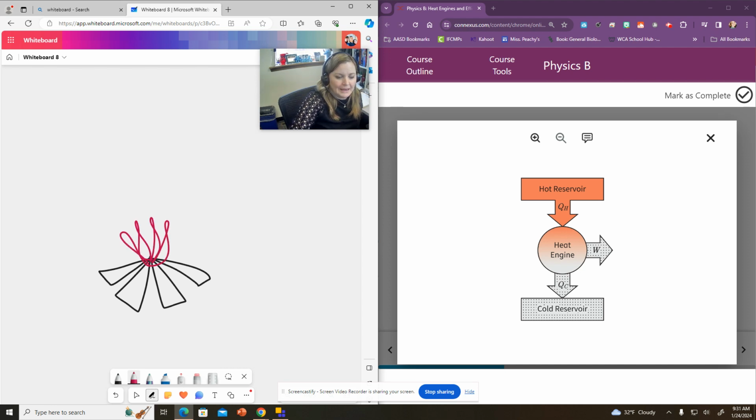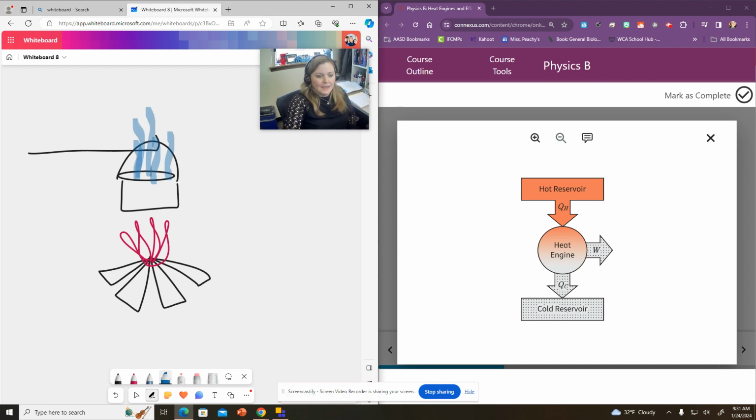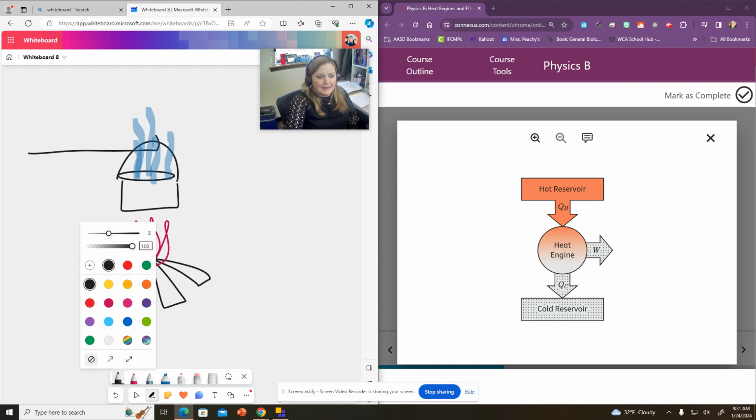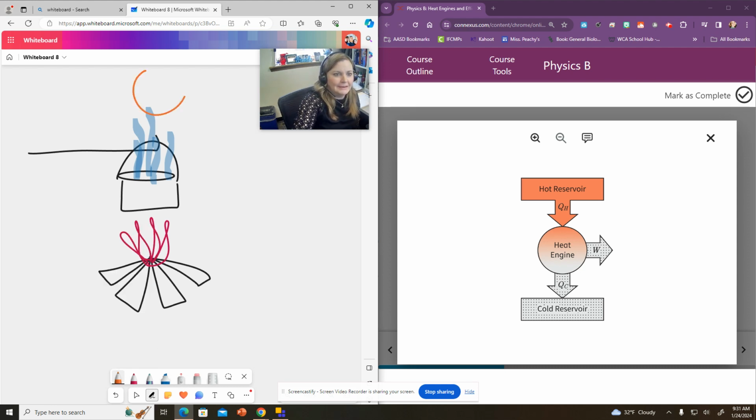And I have a pot of water that is kind of hanging over the fire, and it is emitting steam. Now, normally you can't really see water vapor, but we get the idea. So the whole concept for the heat engine is that that can turn, say, a turbine, if this is my wheel that spins, right?